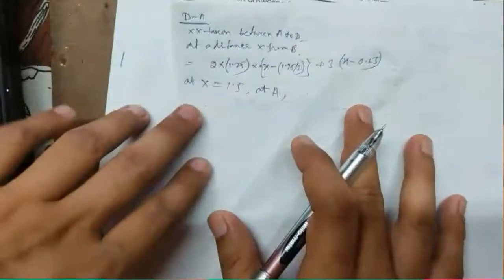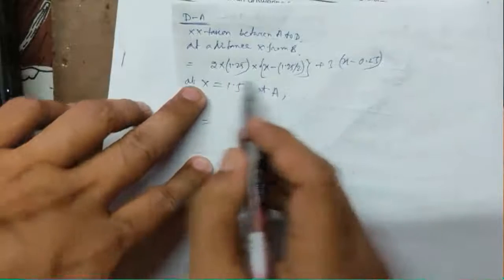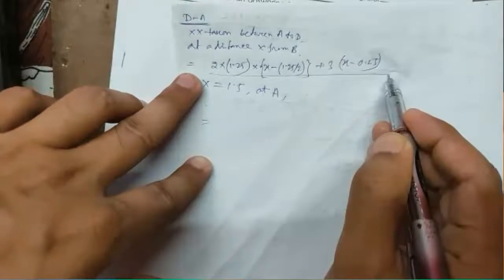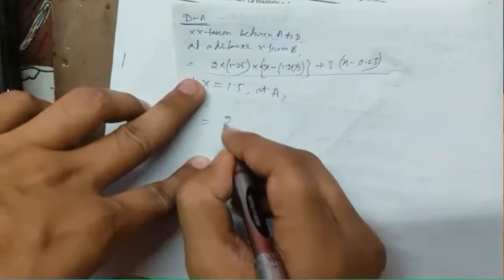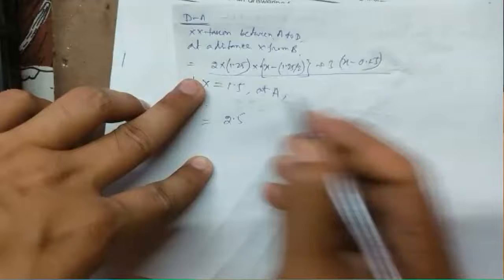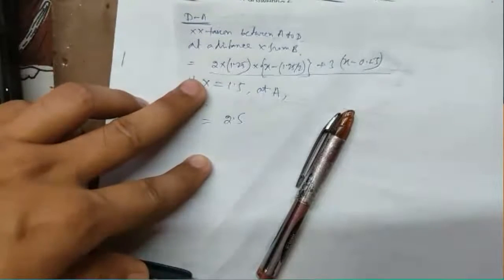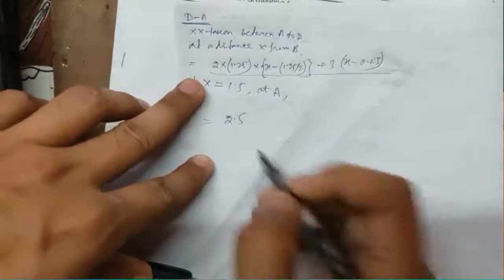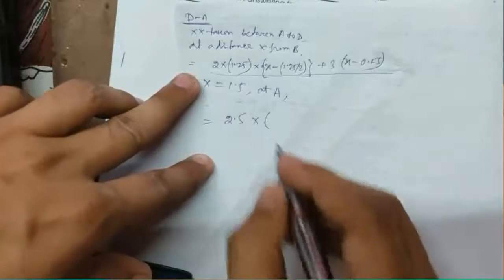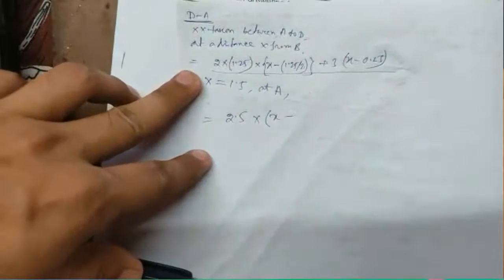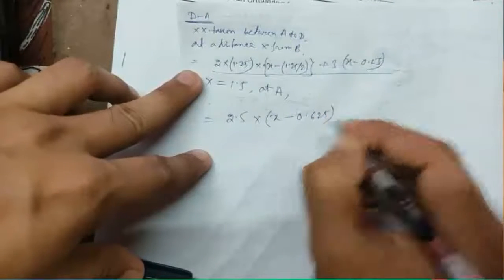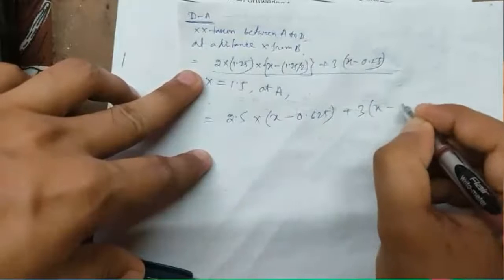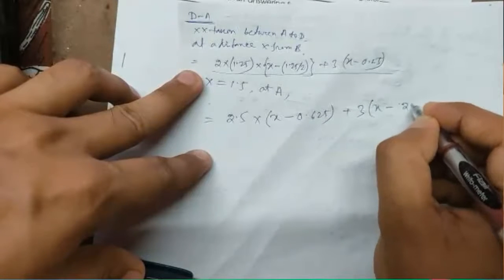If we put the values here, if you look, there is no x square, only the terms are in x. So 1.25 into 2 is 2.5 into x minus 1.25 divided by 2, 0.625, plus 3 into x minus 0.25.